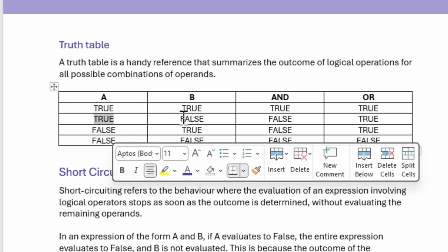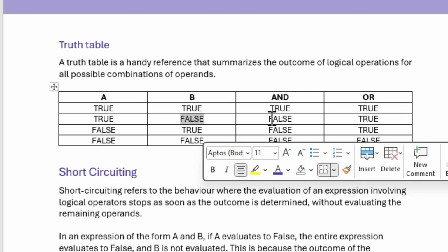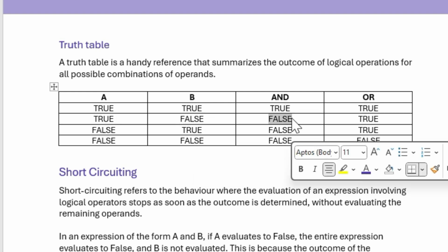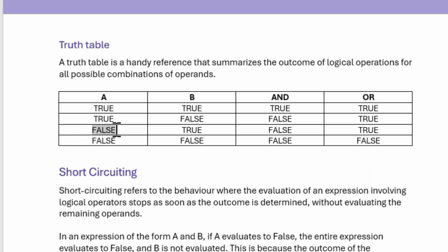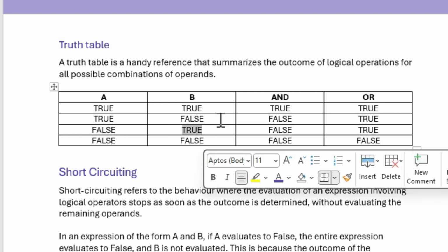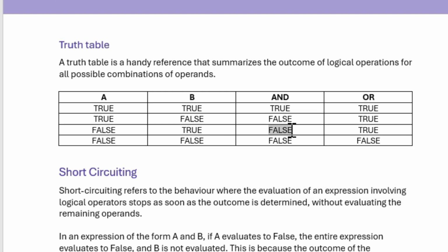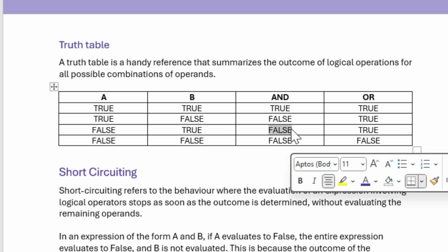If a is true and b is false, then a and b is false because both of the operands are not true. But a or b will return true because at least one of the operands is true. If a is false and b is true, then and is false because not both of the operands are true.